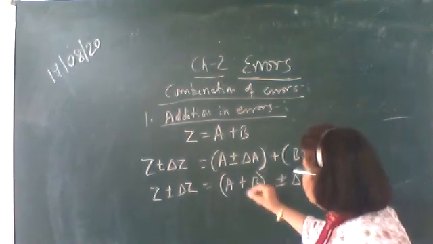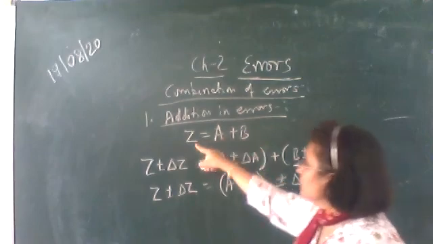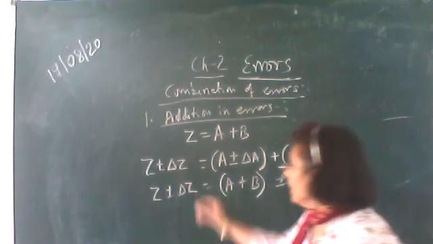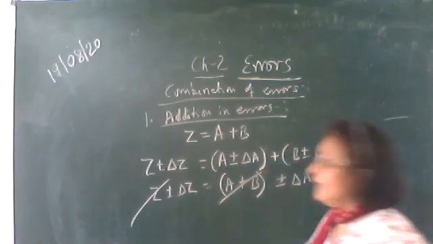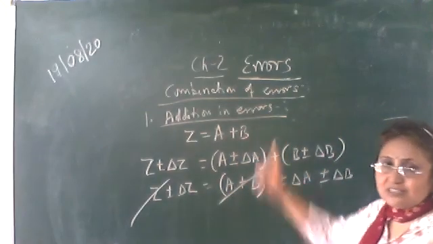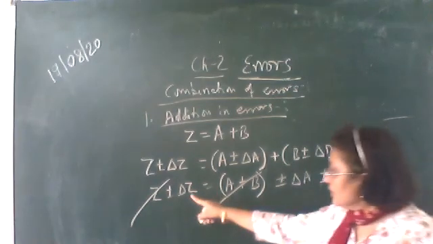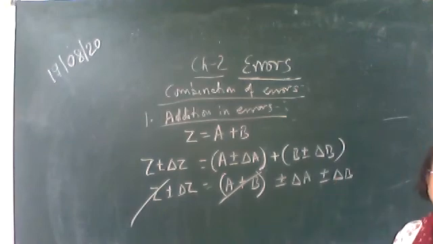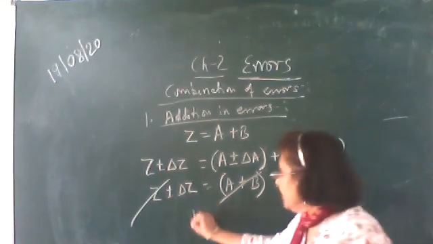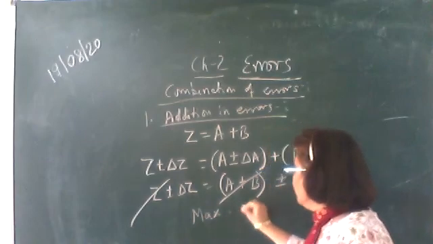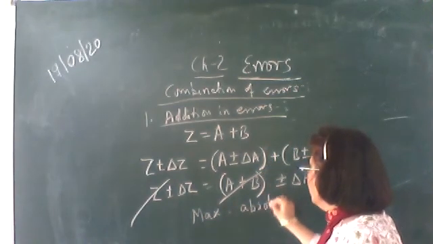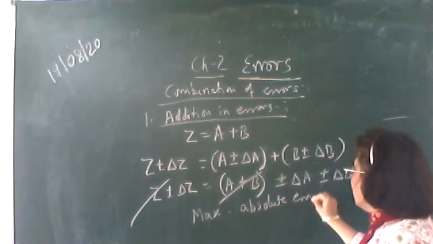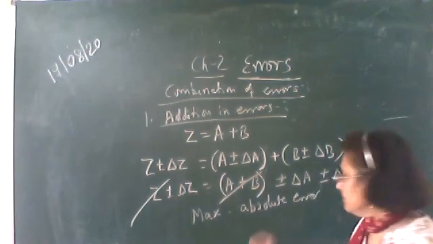Now the true value sum A plus B is equal to Z. So you can cancel out Z and A plus B, as we know that Z is equal to A plus B. What remains? Plus minus delta Z is equal to plus minus delta A plus minus delta B. Now here we'll find out the maximum absolute error. How much maximum error could be done? We'll consider the positive sign for the maximum possible error.